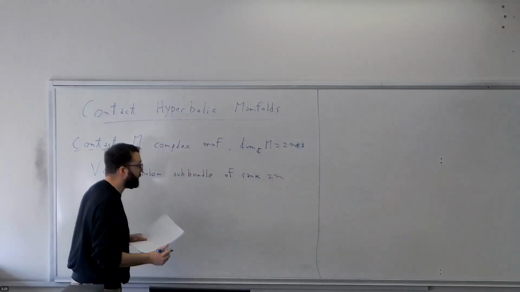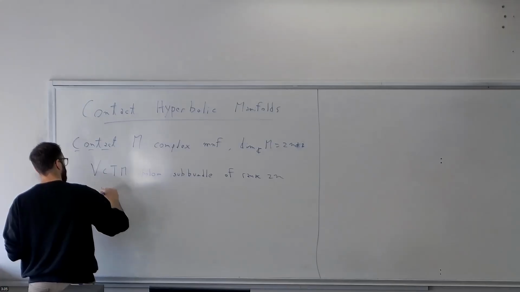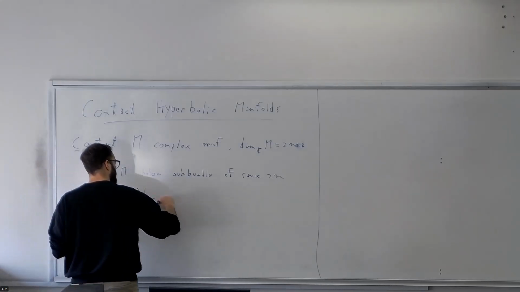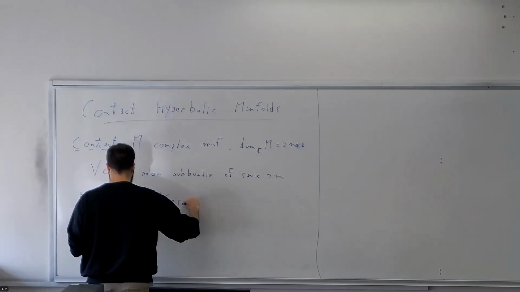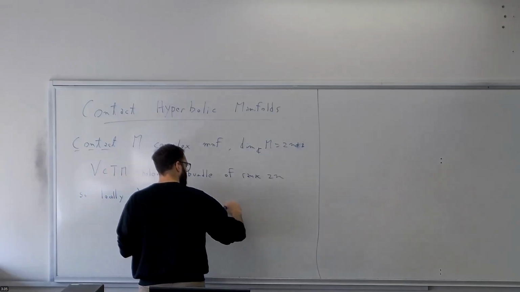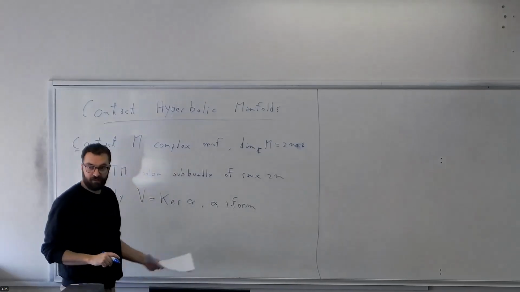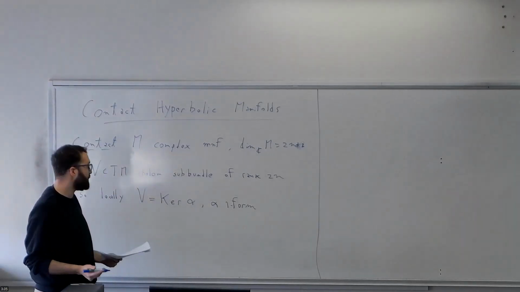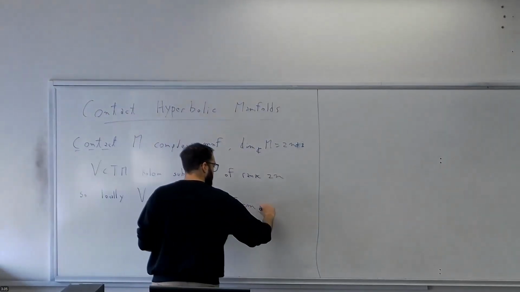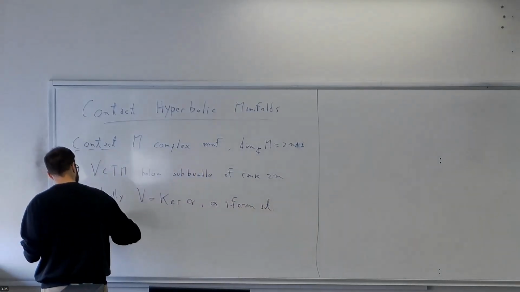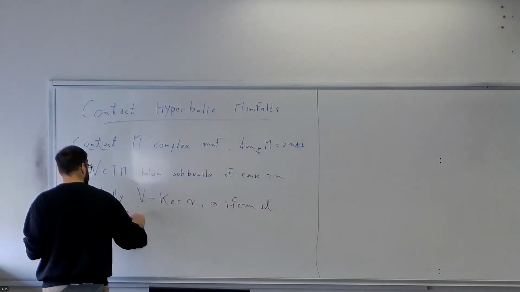So something that locally can be expressed as the kernel of a 1-form alpha. And we require this form to have some extra property such that alpha wedge (d alpha)^n is nowhere zero.